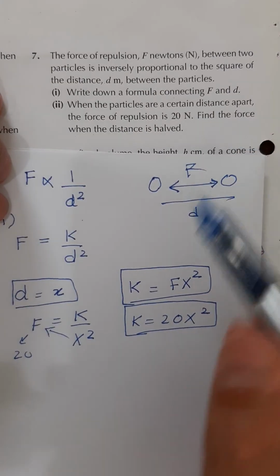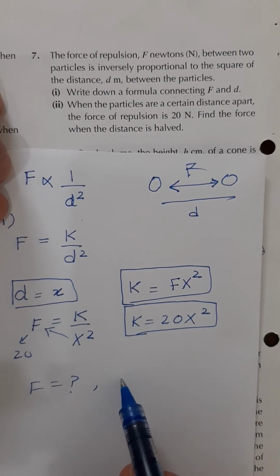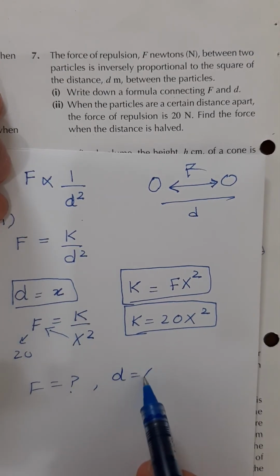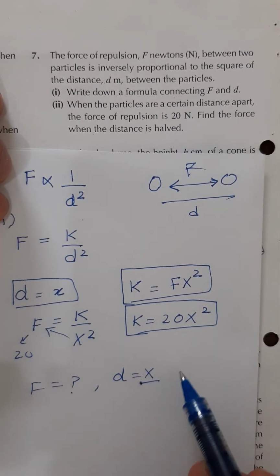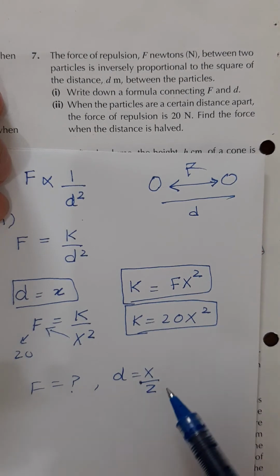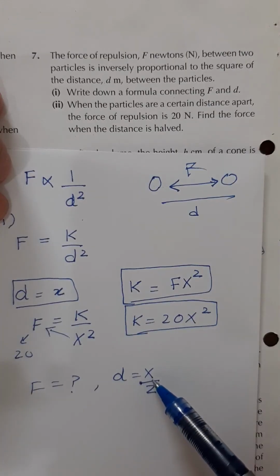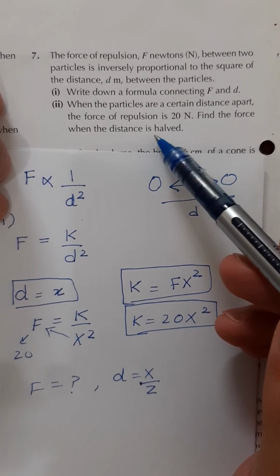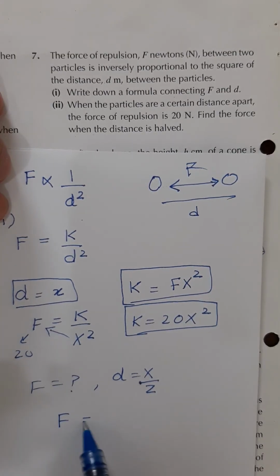Now you have to find the force when the distance is halved. As you know, the distance was equal to x, and if you want to halve it, then you have to divide x by 2. Previously our distance was x, now we divide it by 2 in order to make the distance half. Now write down the equation connecting F and d.